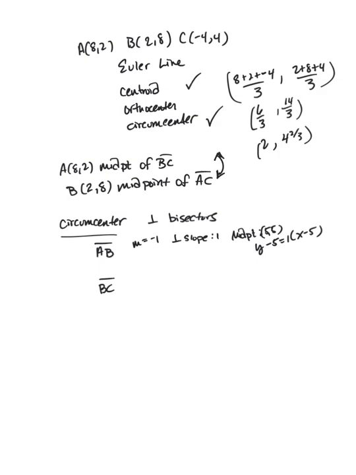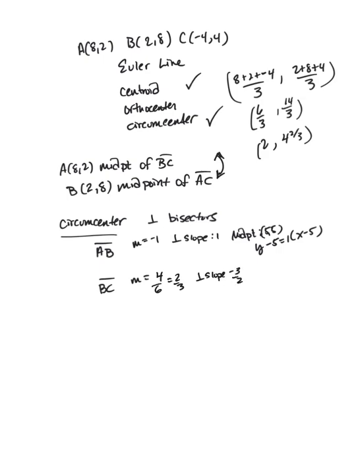For the perpendicular bisector of BC, I would have 8 minus 4 for the slope. That's 4 over 2 minus negative 4, that's 6. So I get 2/3, so the perpendicular slope is negative 3/2.